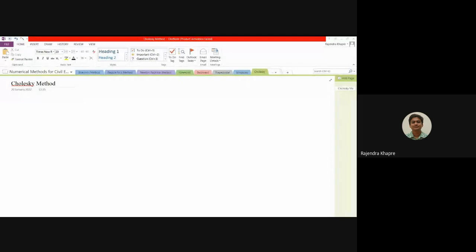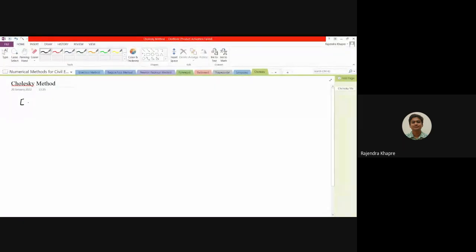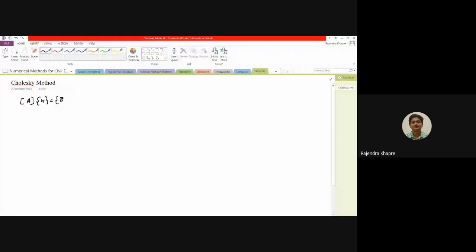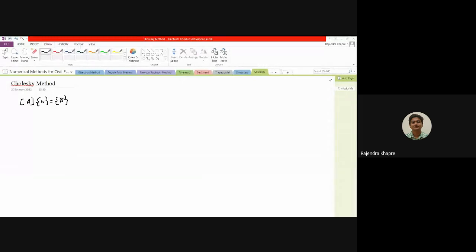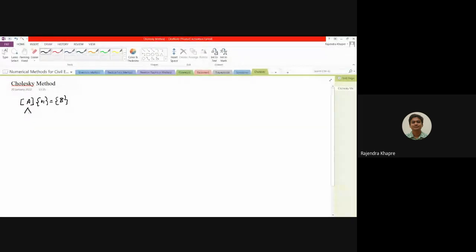For this, let us say for example, we have a system of linear equations where we have matrix A multiplied by x equals, let us say, vector B. In this Cholesky method, what we are doing is breaking the given A matrix into two parts.